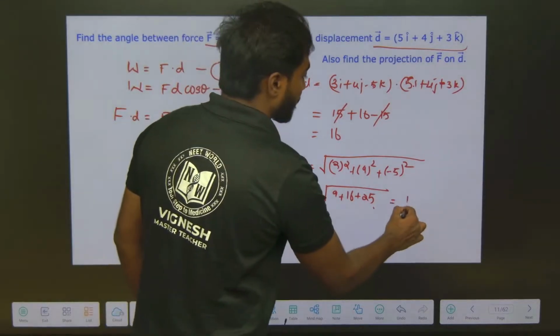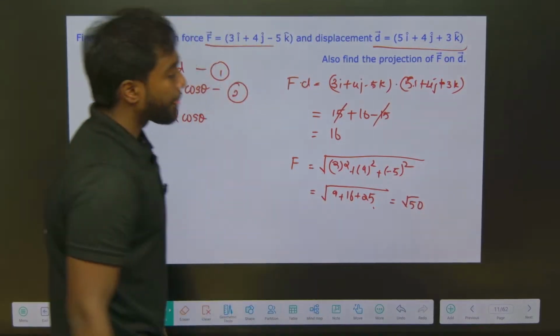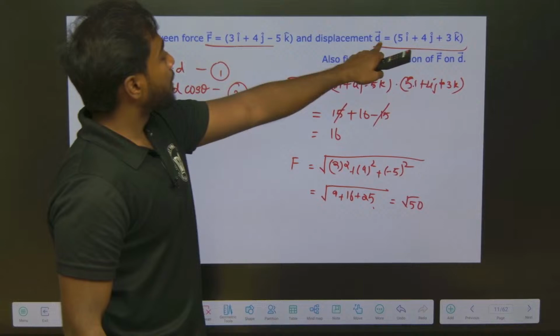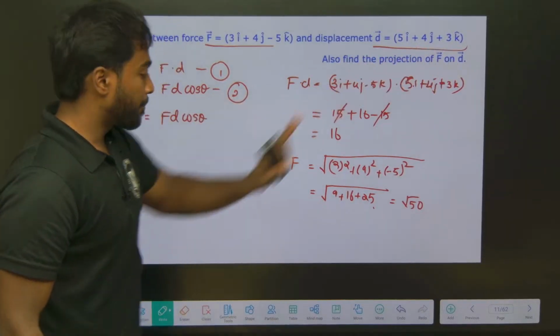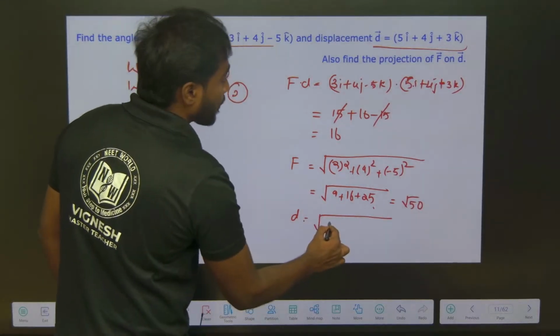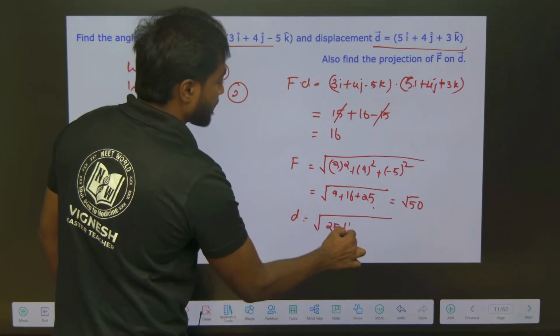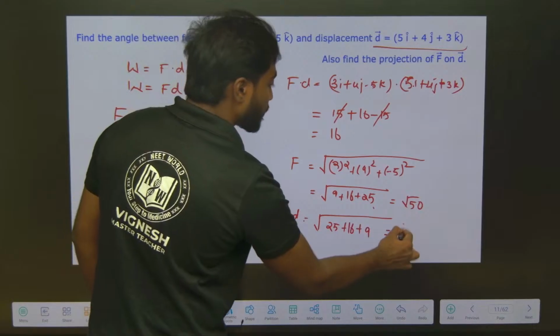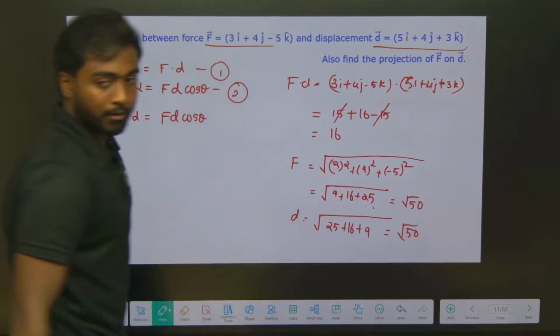So it is root 50. What about the next one, 5i, 4j, 3k? Similarly, D equals the square root of 25 plus 16 plus 9, which is the same, 50.